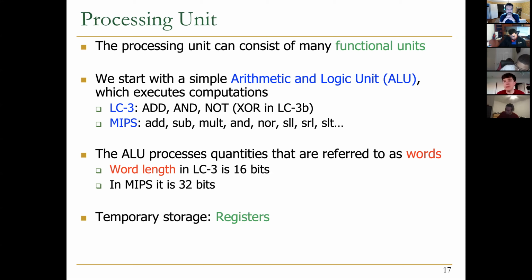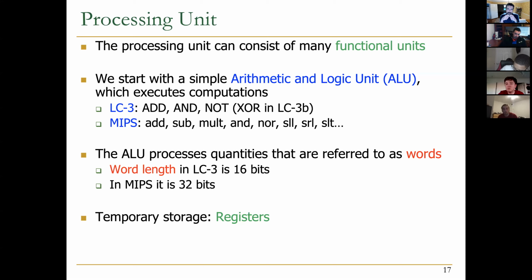So these operations, add, subtract, multiplication, all of these need some operands, and these operands use registers in order to specify them and manipulate the data, because it's a lot faster.